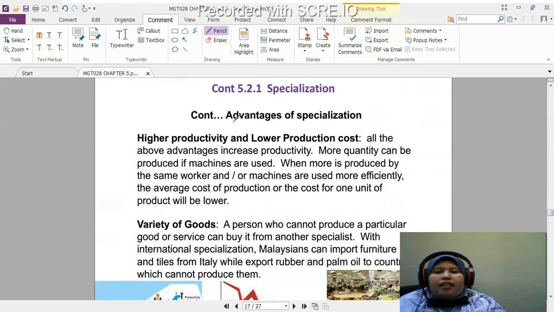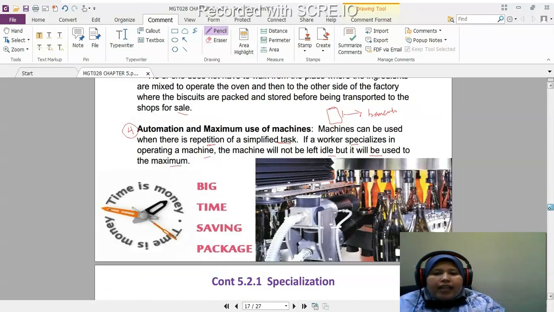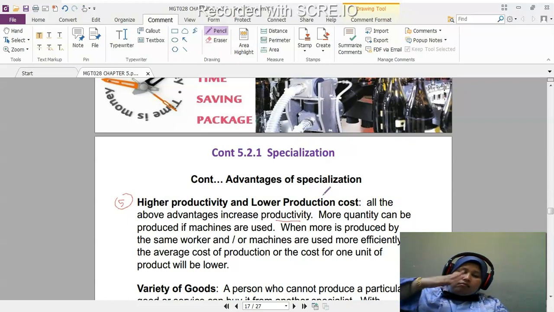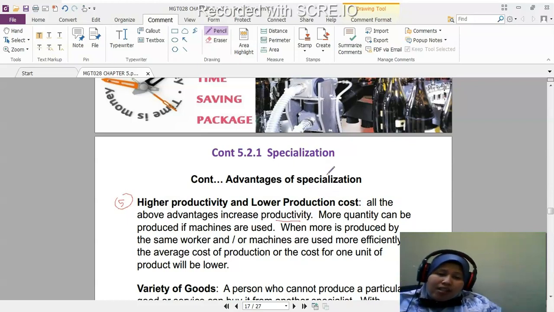And then, other than that, the advantages, number 5, higher productivity and lower production cost. All the above advantages increase productivity. Okay, bila kita dah reduce time untuk kita buat produk, okay, so kita fully utilize our machine, itu akan menyebabkan productivity kita bertambah.